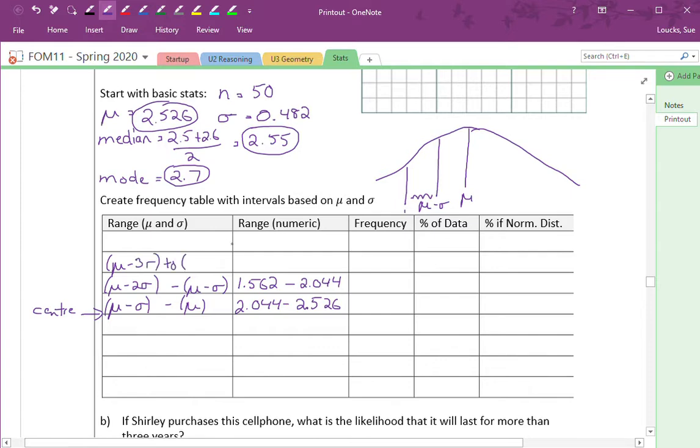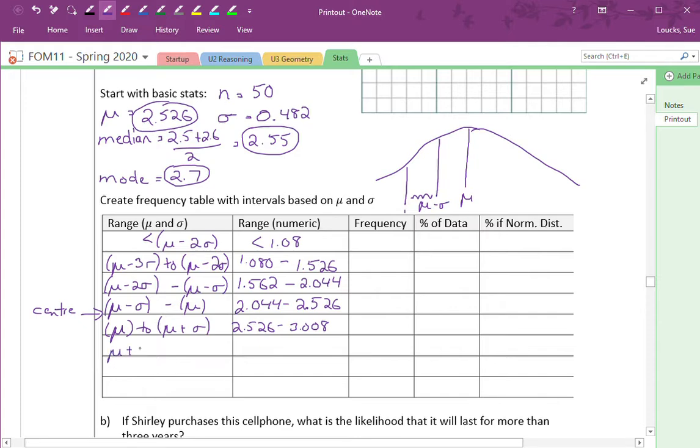Maybe it helps if I write the word 2 instead of the dash there. And then I'm going to go down and start at the mean again, the mean to the mean plus 1 standard deviation, which is going to be 2.526 to 3.008.